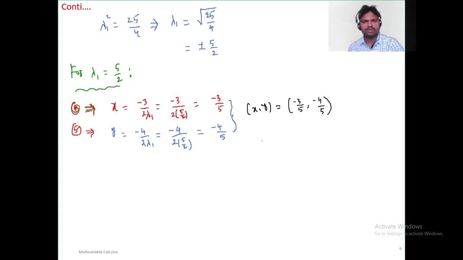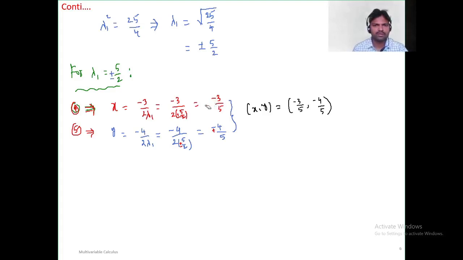Or you can carry it like this: instead of doing it separately, let us write plus or minus 5 by 2 for lambda 1. Once you write plus or minus 5 by 2 here, what will you get?